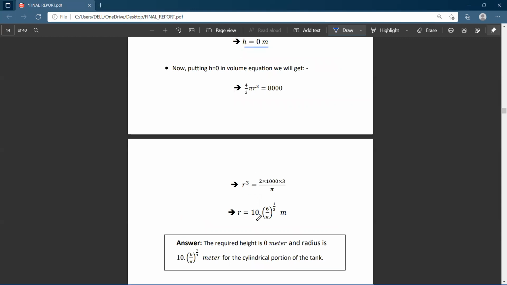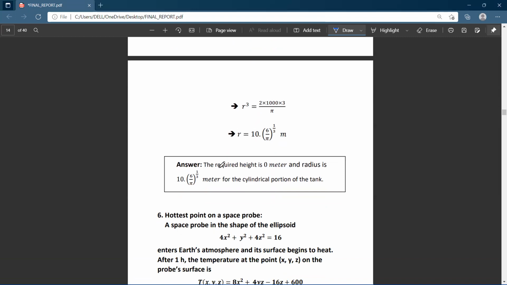Simplifying this, we get r equal to 10 into cube root of 6 by pi meter. So the required height for the cylindrical portion is 0, and the radius is 10 into cube root of 6 by pi, and the radius is the same for the hemisphere also.